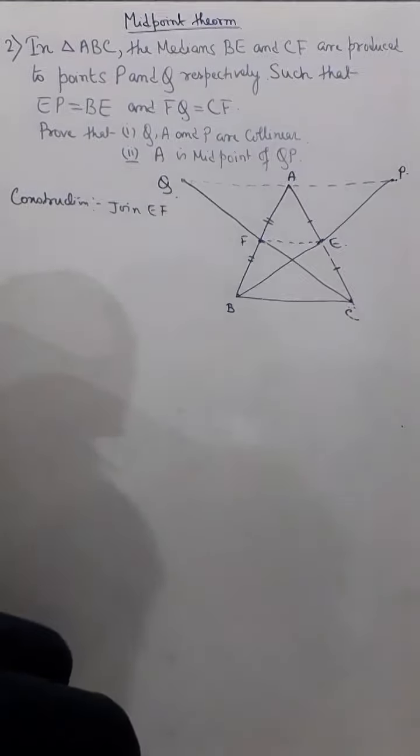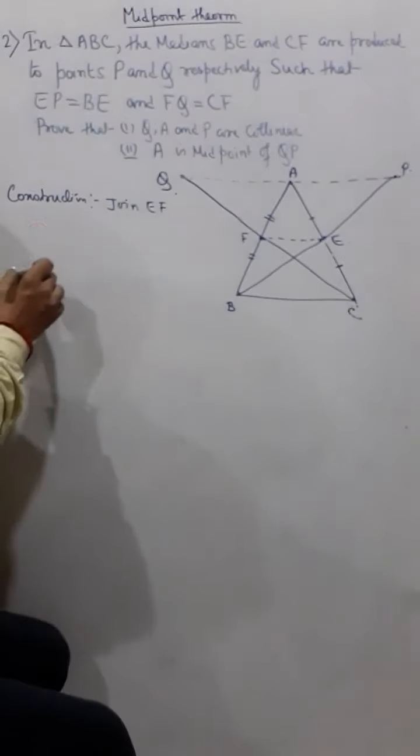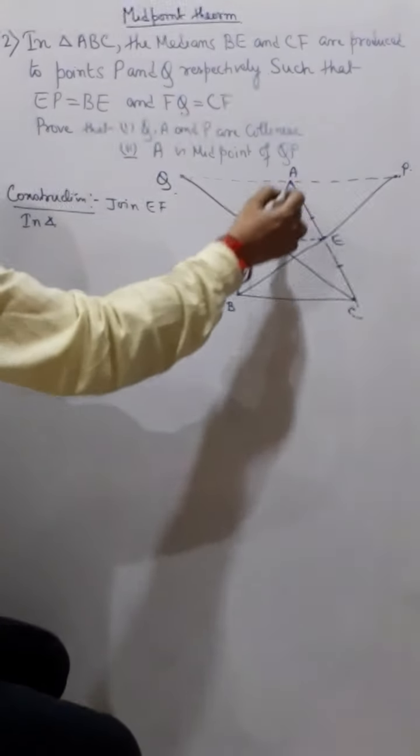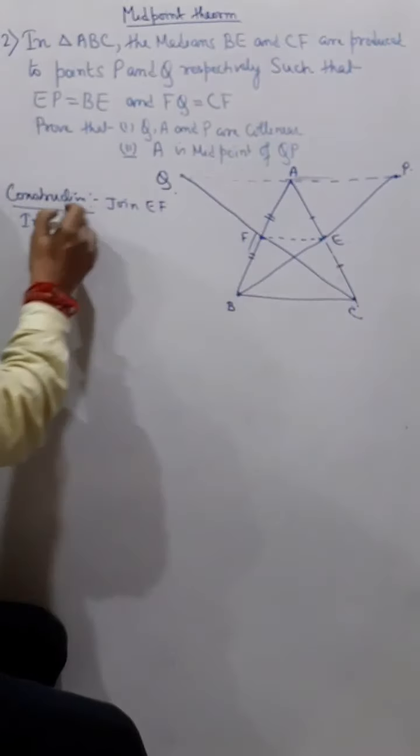Now first you have to prove that Q, A, P are collinear. So for that, first of all, we will take triangle ABP.